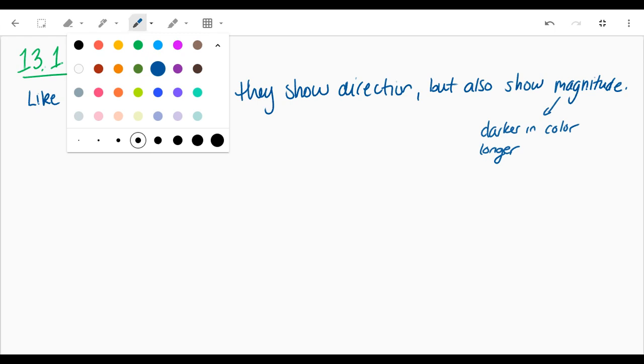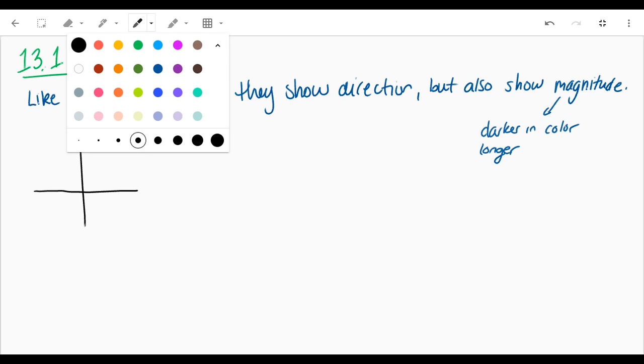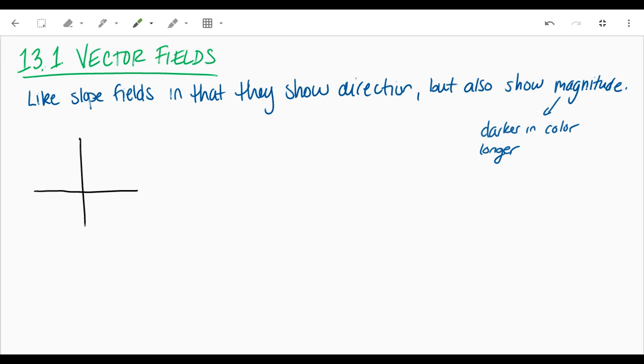So we might look at an example of a vector field as being something like this. This is maybe our vector field.